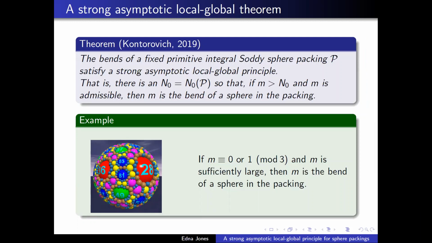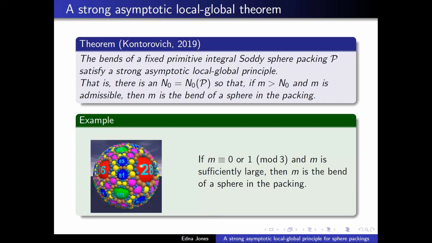So Soddy sphere packings, yes. For other sphere packings, yes and no. Okay, go on. Just trying to clarify. Thank you. Yeah, it might not be proven yet for other packings, which is what I'm going to be talking about.